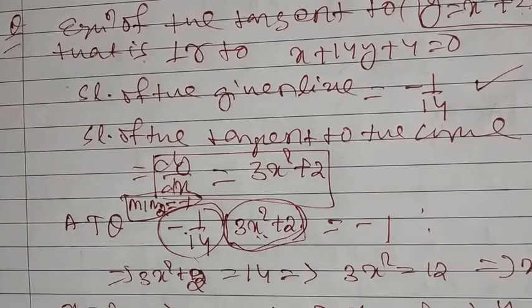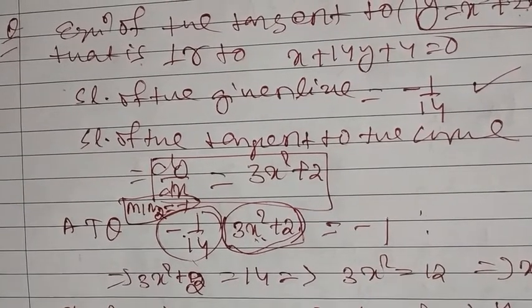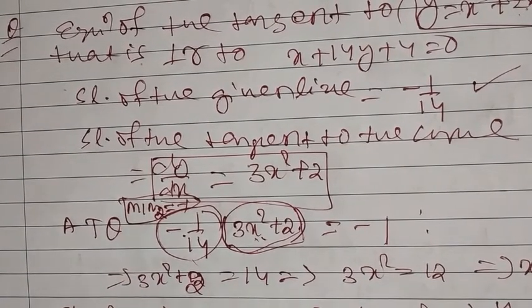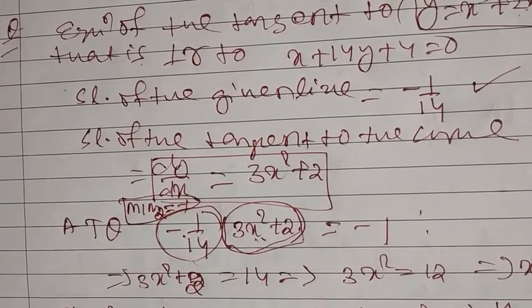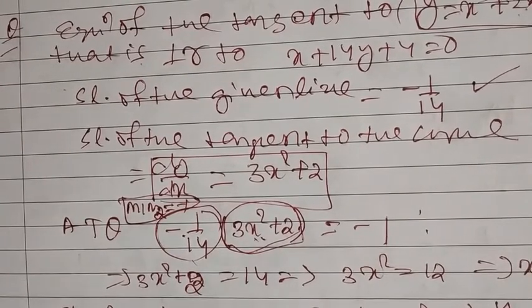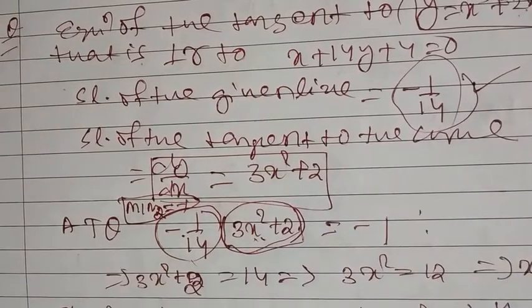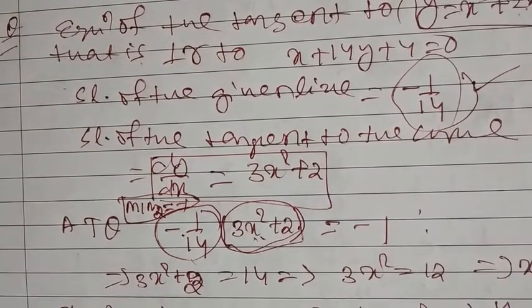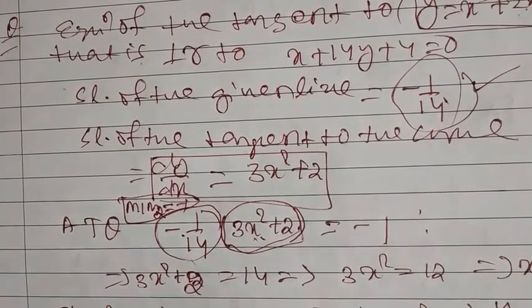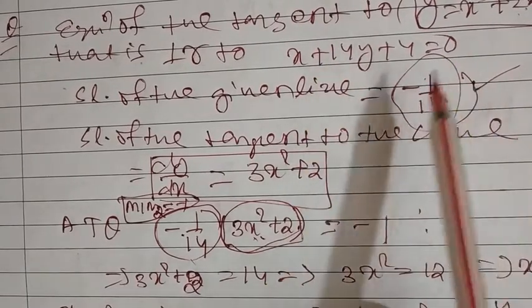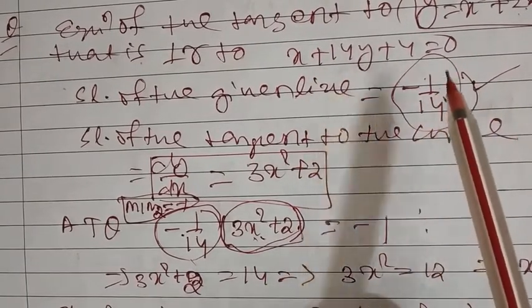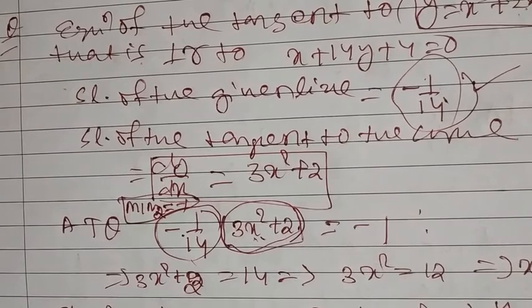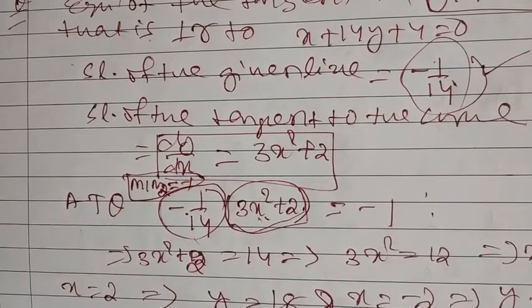So what is slope of the tangent? It is 14. Okay, because tangent is perpendicular to the given line. m1 m2 is minus 1. So slope of the tangent is 14. Very simple.